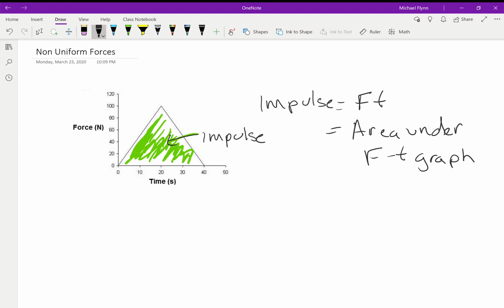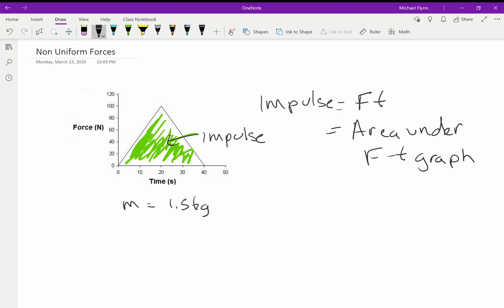Let's say in this example question, the mass is equal to, I don't know, 1.5 kilograms. And we have this graph where this force is acting on this 1.5 kilogram mass.